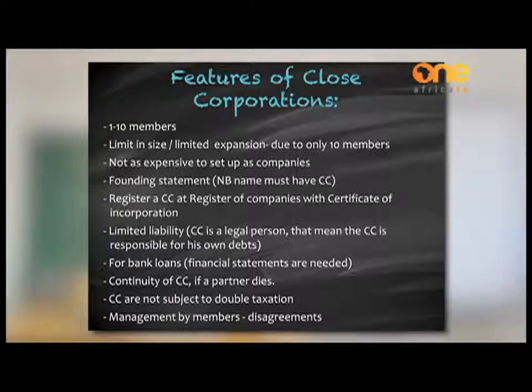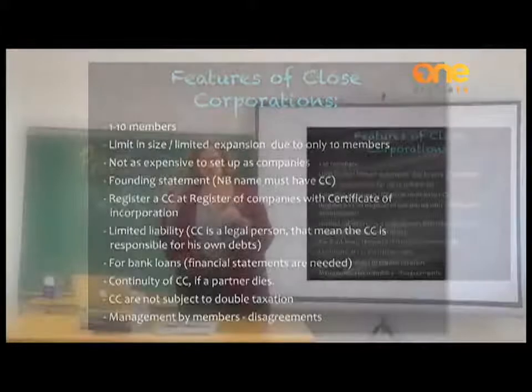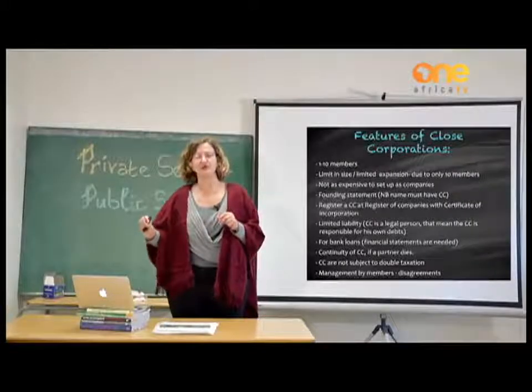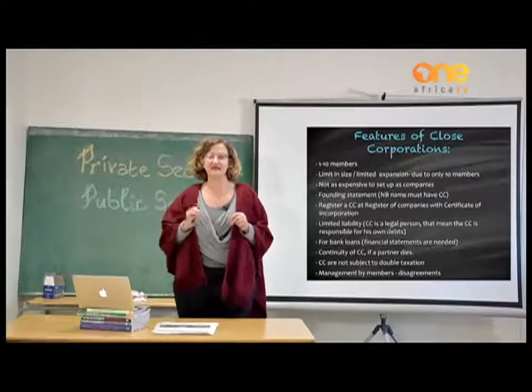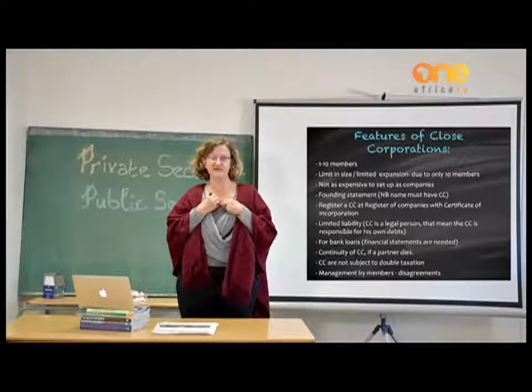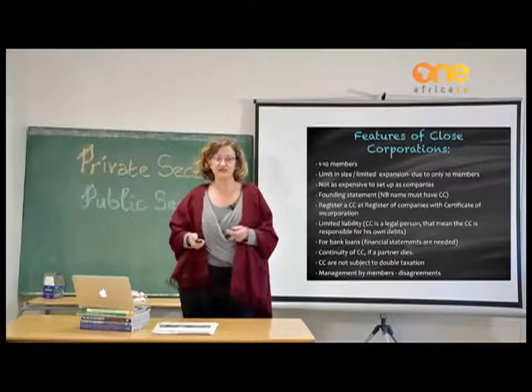There's no other tax beyond that point. So if you as a member get a share of the profits, it doesn't matter how it is divided or according to what agreement, the share of profits that you get will not be taxed again in your private capacity because it's already taxed.